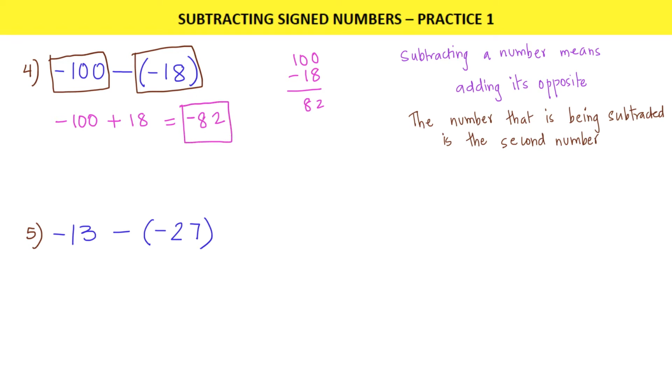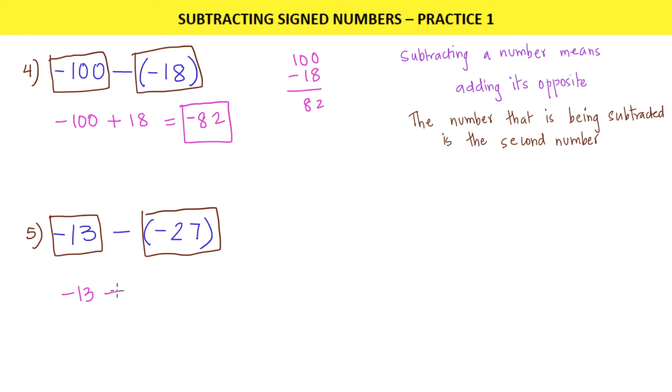Now for our fifth problem, negative 13 minus negative 27. Again, the numbers involved are negative 13 and negative 27. Negative 13 is greater than negative 27, so we expect that our answer will be positive. Let's rewrite this expression, negative 13, and instead of writing minus negative 27, we are going to add the opposite.